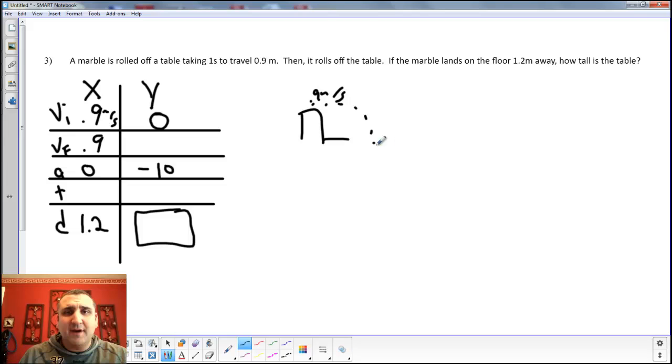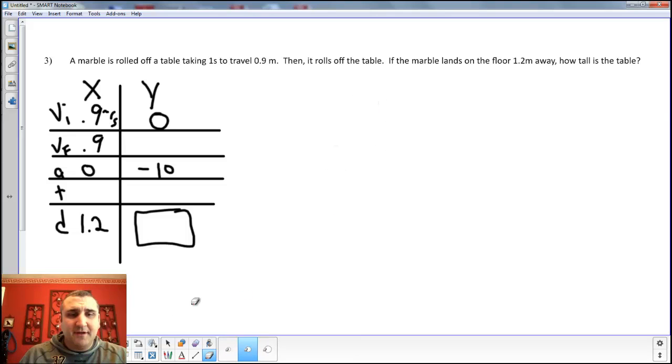So now we have to figure out that height, that distance. Fair deal? So how do we do it? Well, we don't have the information here to get our time, but we do have information here to get our time. So let's use this information to get our time, and then we can plug stuff back into the velocity or distance or some other formula and figure out if we can get the displacement.